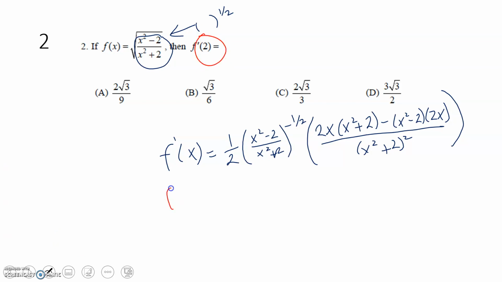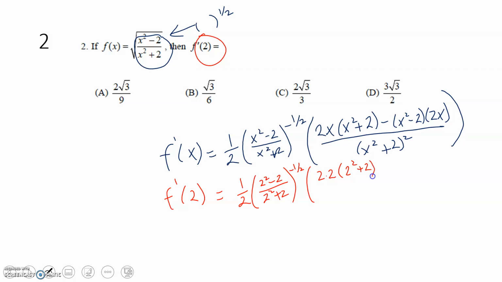So f prime of 2 is 1/2 times 2 squared minus 2 over 2 squared plus 2 to the negative 1/2 times 2 times 2, 2 squared plus 2 minus 2 squared minus 2 times 2 times 2 all over 2 squared plus 2 squared.